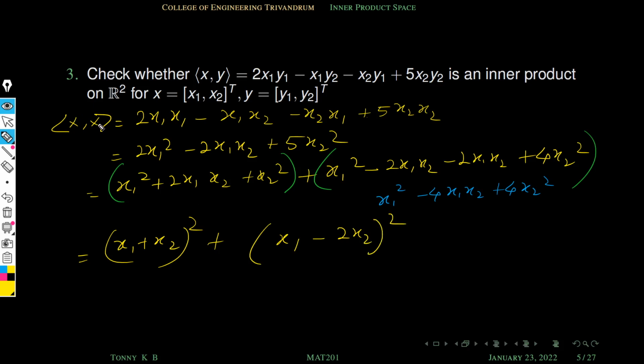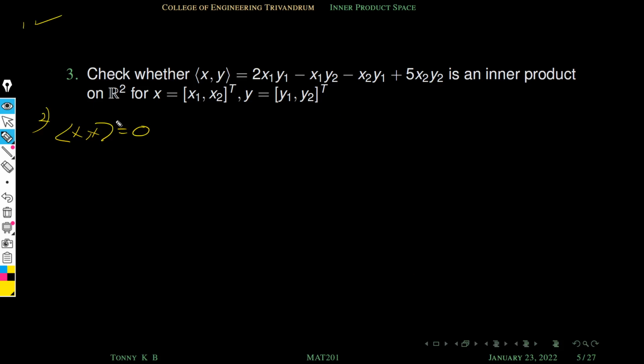So our inner product ⟨x, x⟩ can be written as (x1 plus x2) whole square plus (x1 minus 2x2) whole square. It is clear that both the terms are non-negative because they are square terms. So what about the whole sum? The whole sum is greater than or equal to 0. So whatever be the x, the function ⟨x, x⟩ is always greater than or equal to 0. That means this function satisfies our first criterion.